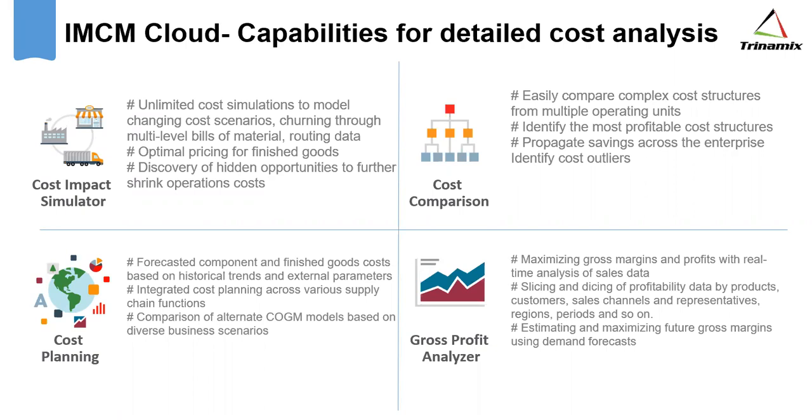You can make those changes and see the impact on cost. And because you can do cost planning and cost comparison, that has an impact on the gross profit analyzer. At the end of the day, you still have the forecast, the price, and your sales volume, and as you get the cost understanding, you can also do profitability analysis.